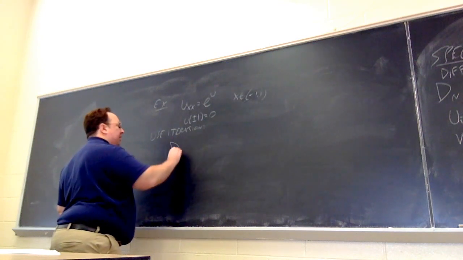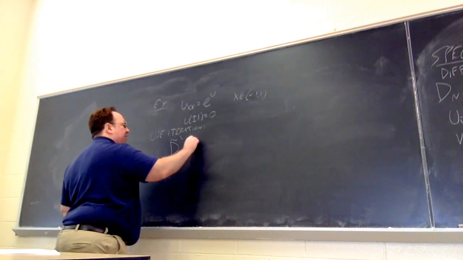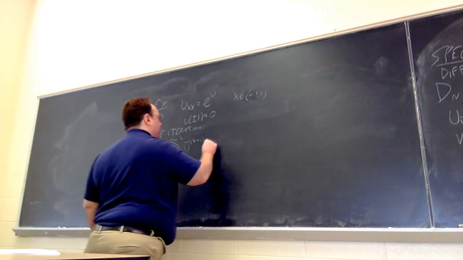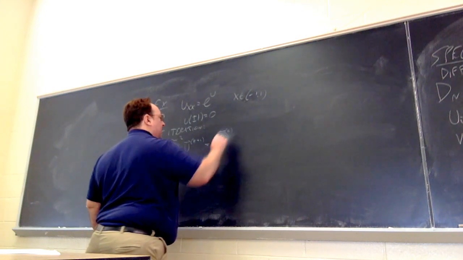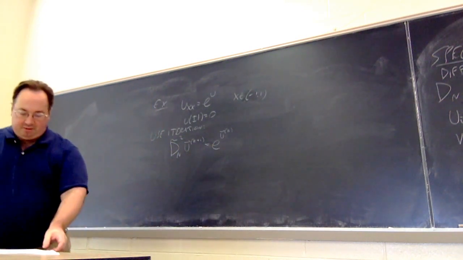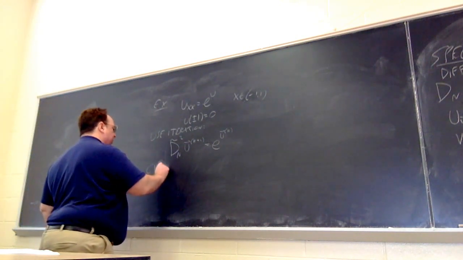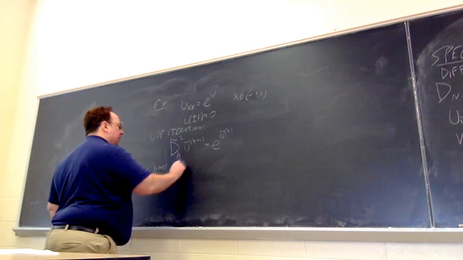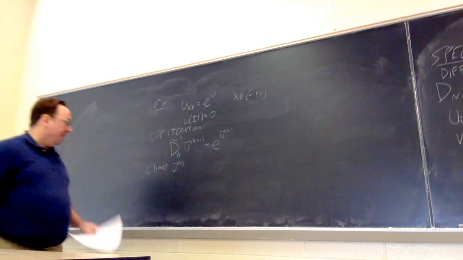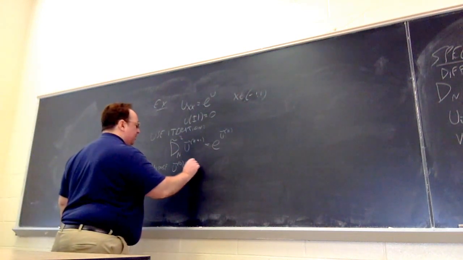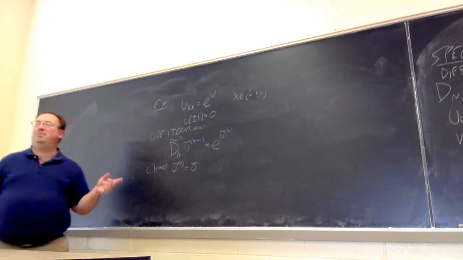So same matrix as before, DN tilde squared, u_{k+1} is equal to e to the u_k. So we can choose u_0, and actually what I would recommend for this is just go ahead and choose u_0 to be the 0 vector. Reason for that is at least it satisfies the boundary conditions.